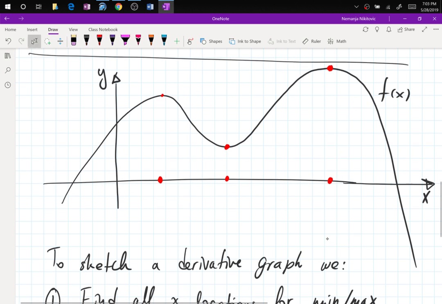As you can see, I located all of the min and max points on the graph, and I placed x-intercept points for the red. So my red graph has to go through those 3 red points on the x-axis.